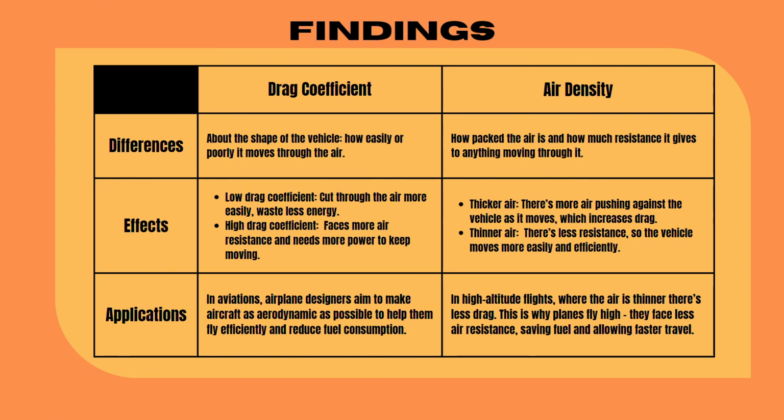Now we have the effects. What are the effects when you have a low drag coefficient or high drag coefficient vehicle? As for low drag coefficient, it can cut through the air more easily and waste less energy.